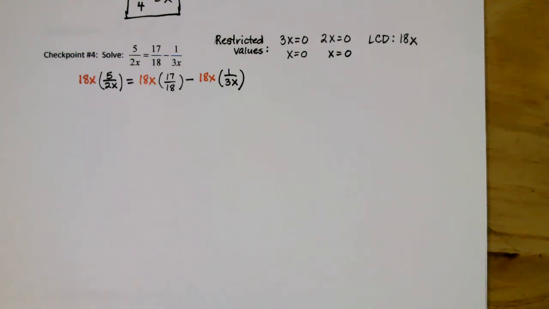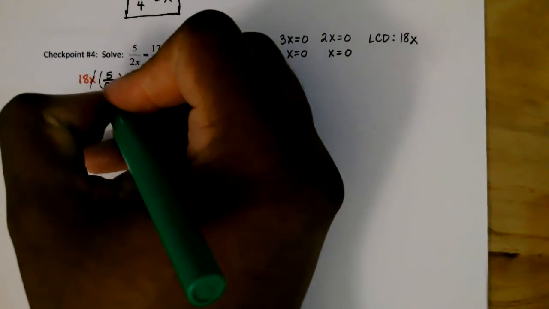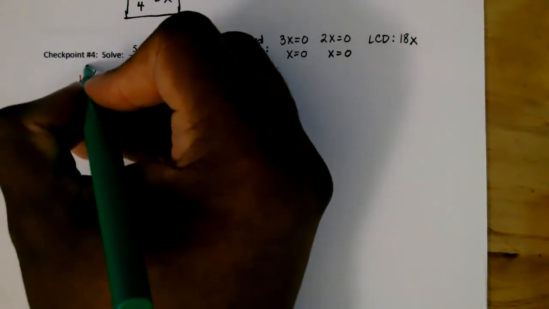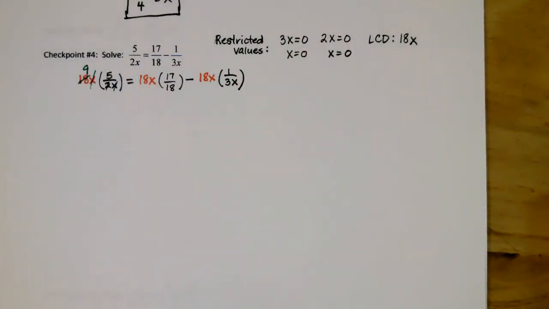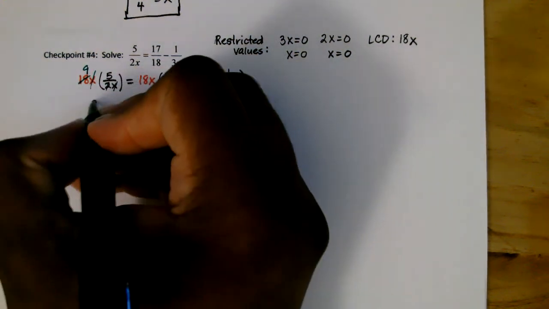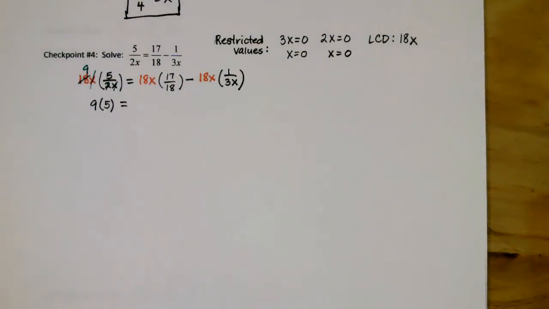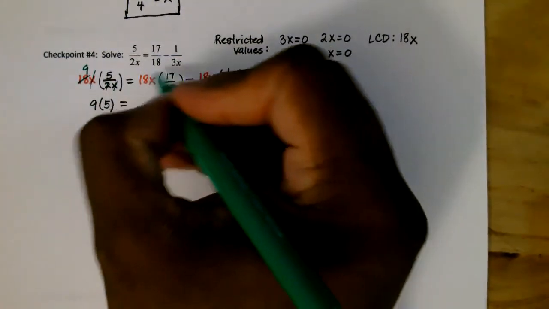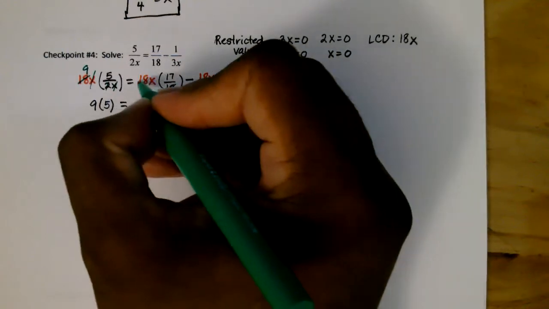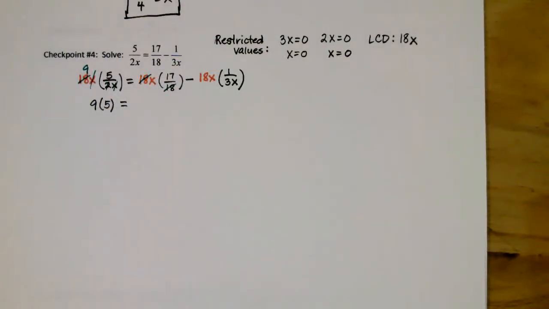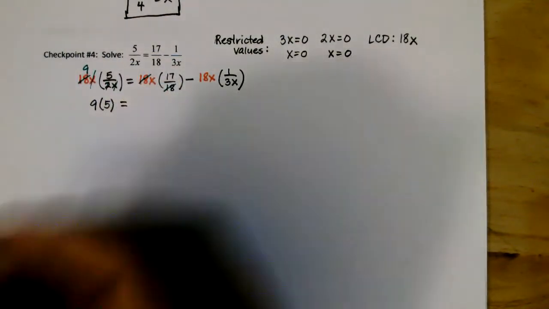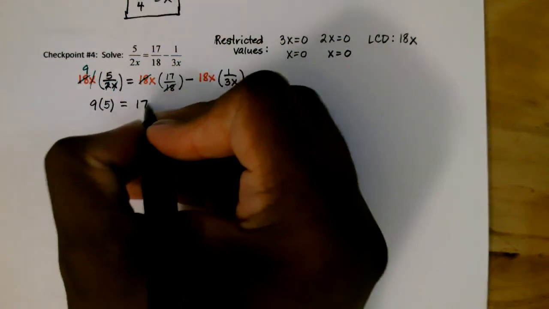Now let's simplify each of these terms in this equation. Okay, on the left side, these x's are gone. And if I divide 2 into 18, that would go 9 times. So I'm going to have 9 times 5 on this side equals, for this term right here, I can only divide out the 18s. That's gone. And then I have 17 times x, or 17x.